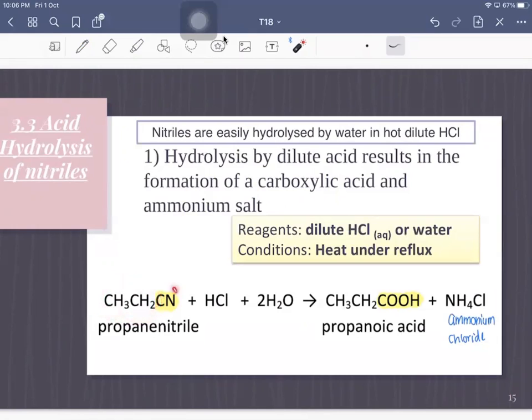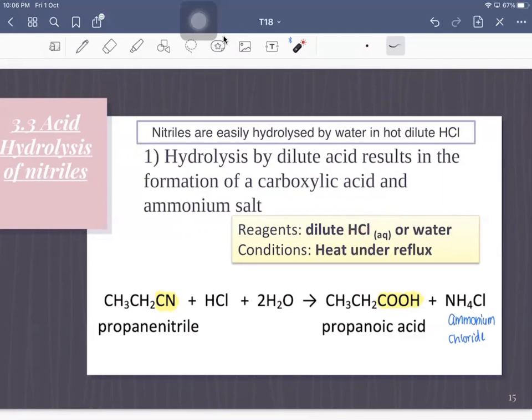The only thing that's changing is the cyano group, or we call it the nitrile group, to be changed into a carboxylic acid, COOH group. Okay, so you just need to heat this experiment in the presence of water, and also in the presence of acid. Using water, that's why it's called hydrolysis.